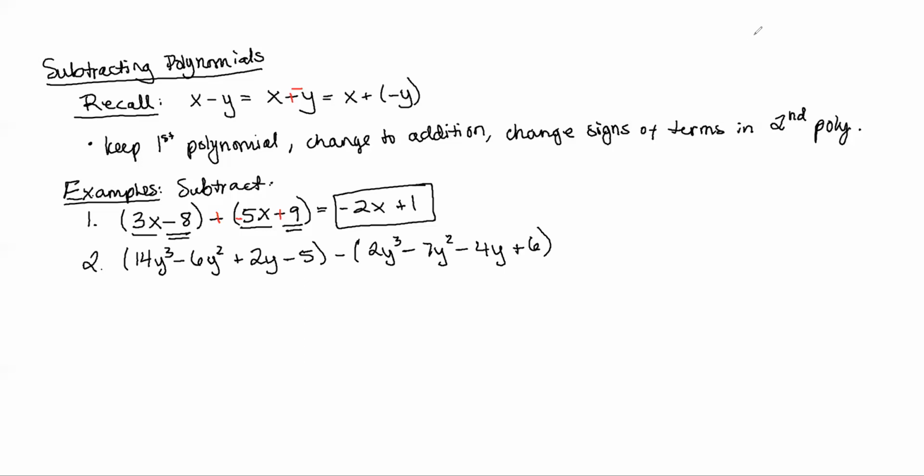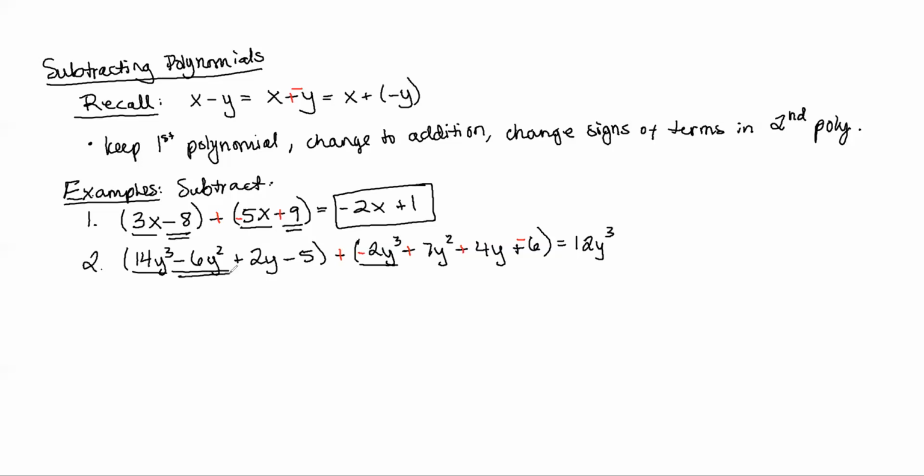All right, first thing I'm going to do is change it to adding the opposite. So we're going to add the opposite of each of these. So the 2y cubed became negative, 7y squared is positive, 4y is positive, the 6 is negative. And then let's combine like terms going from left to right. So 14y cubed plus a negative 2y cubed is 12y cubed.